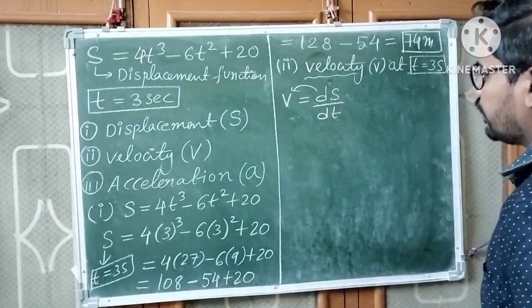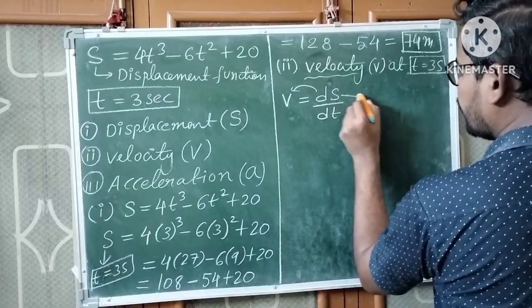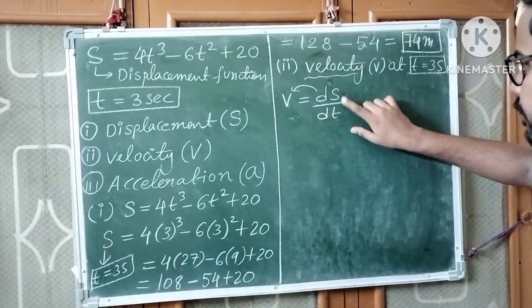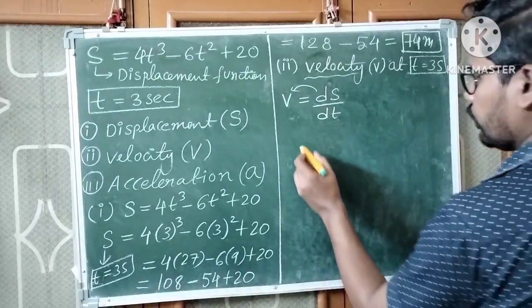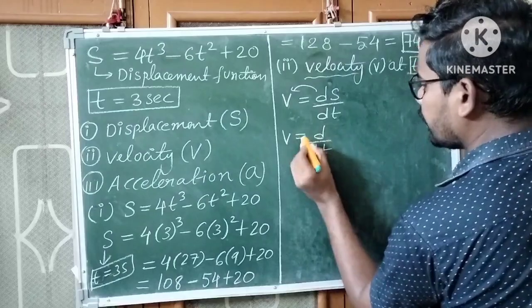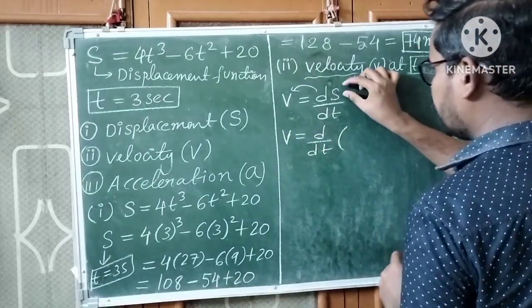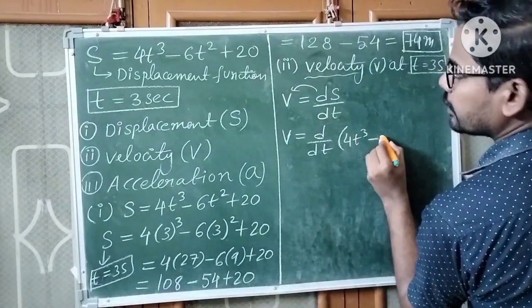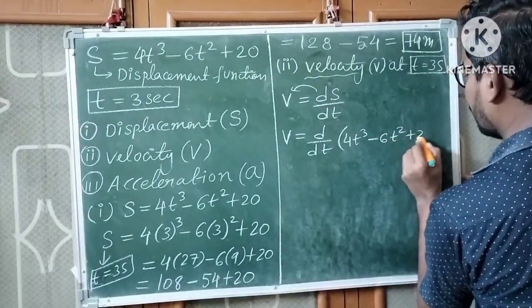So we have to find the derivative of displacement with respect to time. Now v = d/dt of the displacement function S = 4t³ − 6t² + 20.